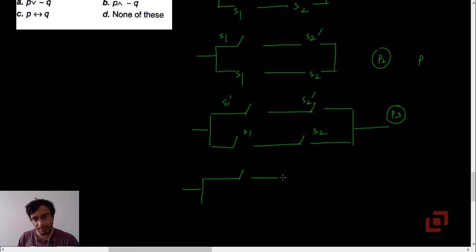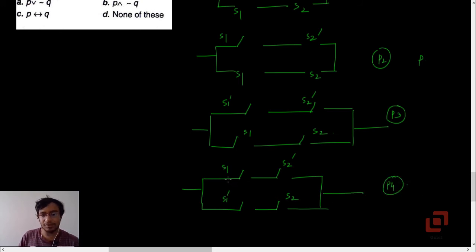And then you can come up with this possibility: S1 S2 dash S1 dash S2. So you can also construct the truth column and the associated atomic or compound proposition for possibilities 3 and 4.